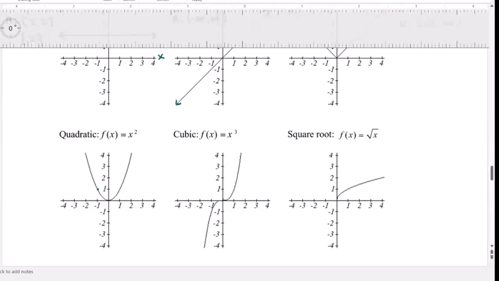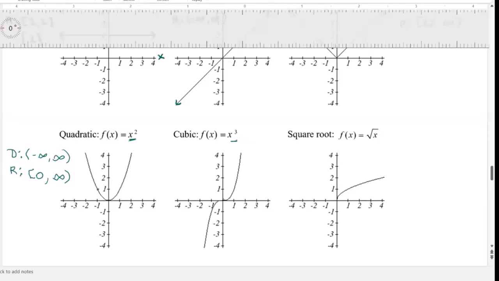So my domain is, and it's going to go on indefinitely in both directions. If we also look at our functions themselves, we can see that there's no restrictions on x. X can be anything you want. So the domain is from negative infinity to positive infinity. And my range is starting at 0, as I just showed you, and going to infinity. Okay?